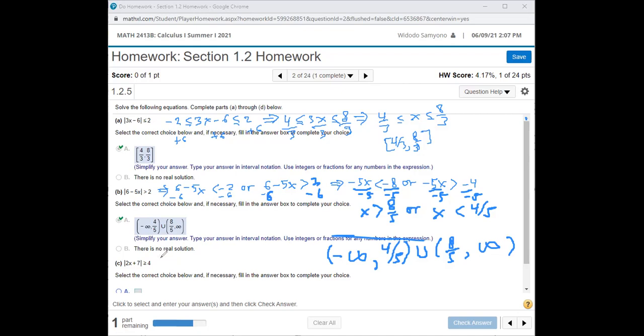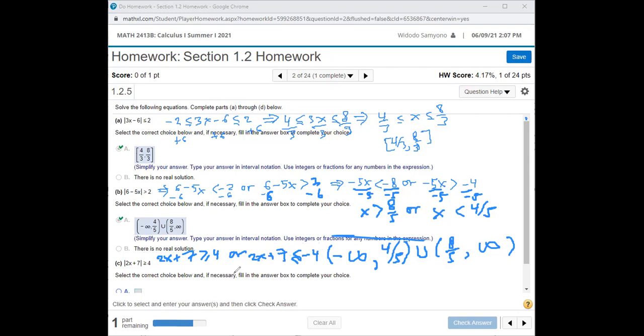So it would be 2x plus 7 is greater than or equal to 4. And then or 2x plus 7 is less than or equal to -4. Yes. Okay. That's good.